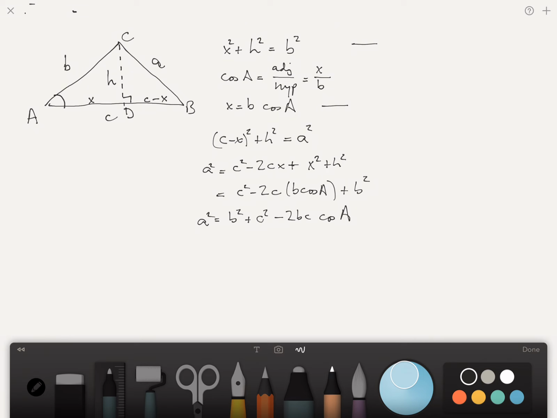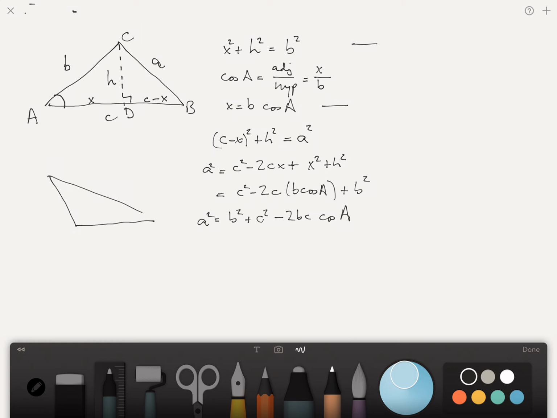Now you always have to be careful when you write something like this that you haven't built in assumptions that aren't warranted, or that you're not working with extra information that the picture provides that you might not be entitled to have. The one possibility that would break this setup in terms of x and c minus x along the bottom would be if the angle A happened to be not this acute angle, but an obtuse angle.